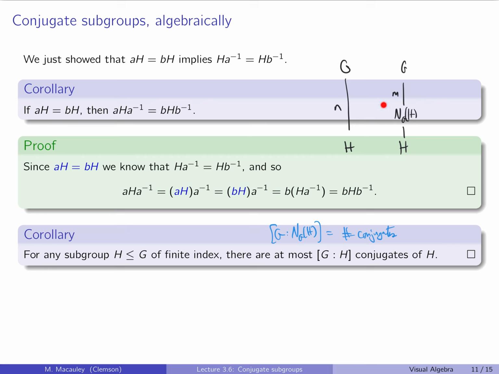And so this is the actual number of conjugates. So of course, n, the index of H, is an upper bound for that. These things could be the same, or this could be strictly bigger.